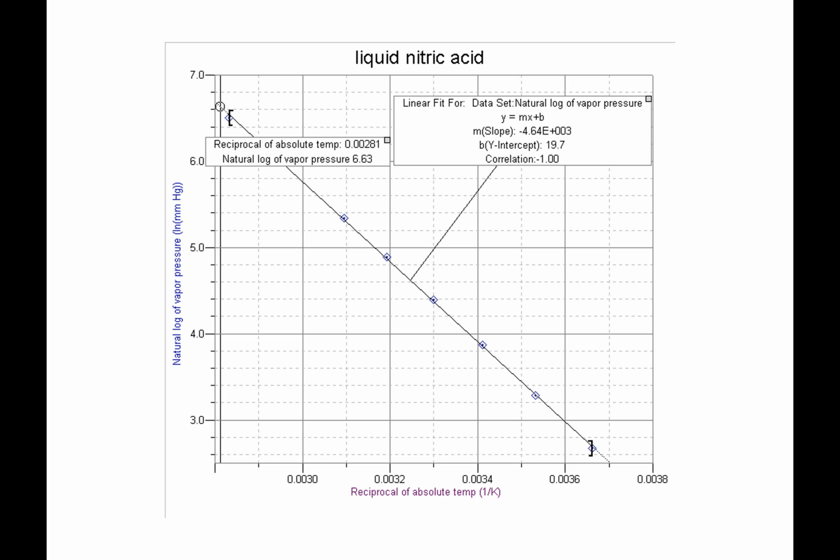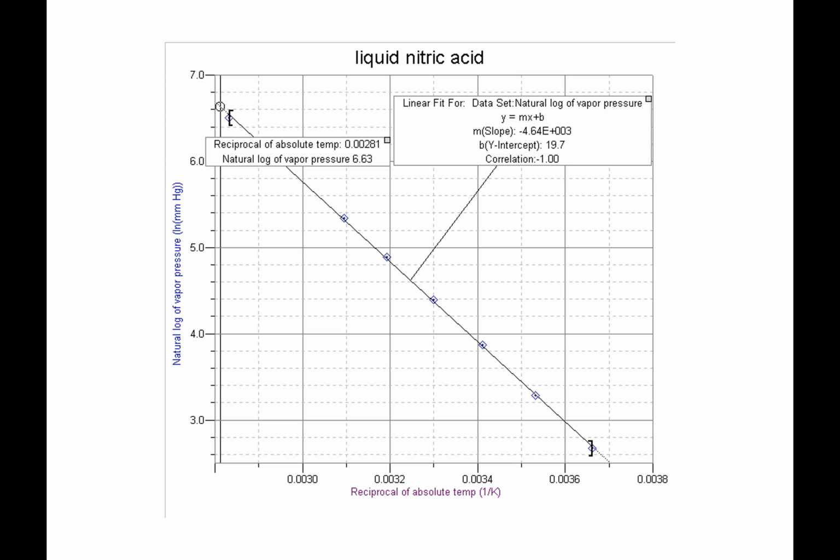Okay, so we can use LoggerPro to do that. Remember, LoggerPro has that, I think it's called, maybe interpolate or extrapolate. But up here you can see where we've gone beyond the last point, and here is that 6.63. So that is the natural log of 760, about.